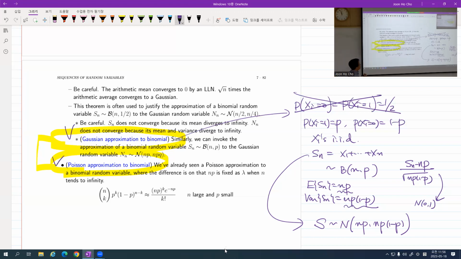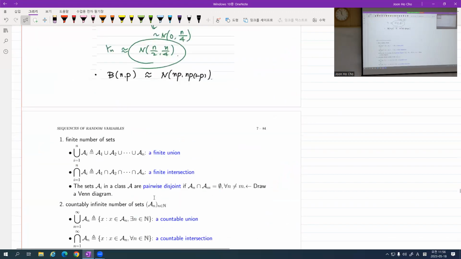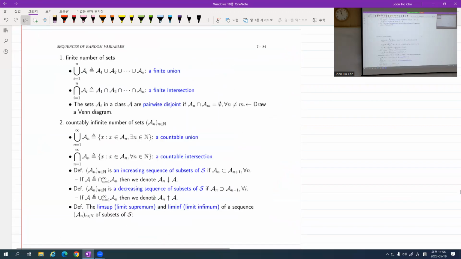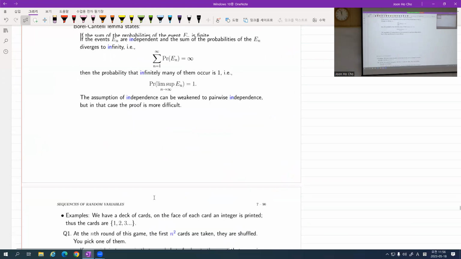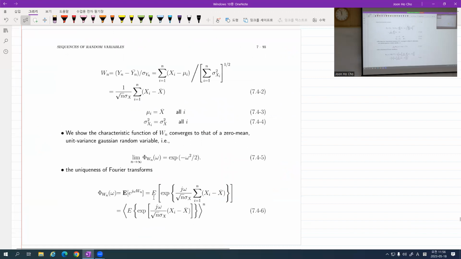Now, what about this one? The Poisson approximation to binomial. Actually, we do almost the same thing, but when we take the limit, we do some trick. And I believe, okay, it seems I didn't write it here. Let me find where I put the proof of that. Just a sec.